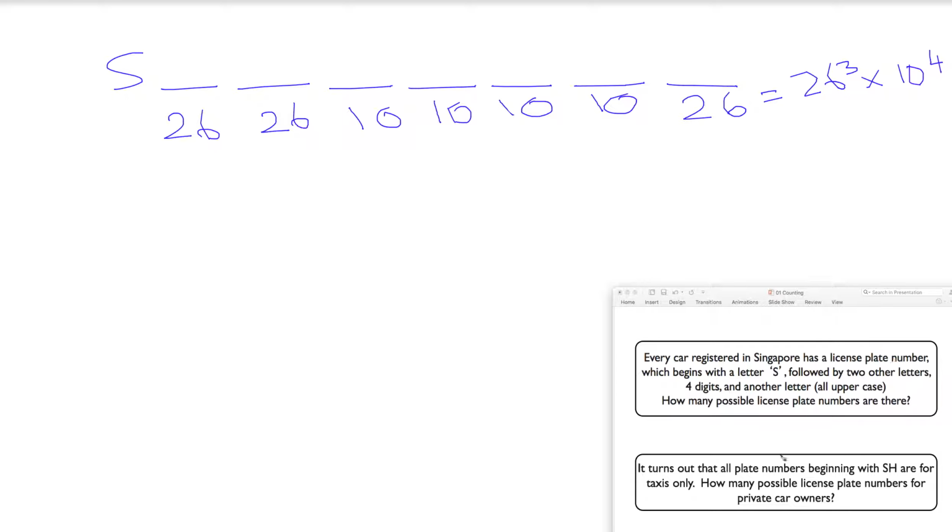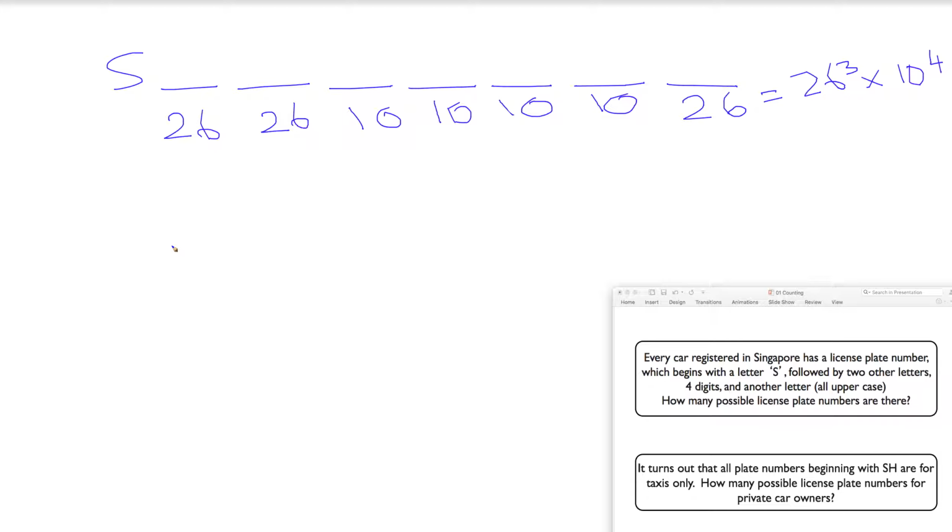Now the second part of the question says that all plate numbers beginning with SH are for taxis only. How many possible license plate numbers are there for private car owners? There are a few ways of solving this problem, and we're going to look at both of them. One way is to generate only the non-taxi numbers.